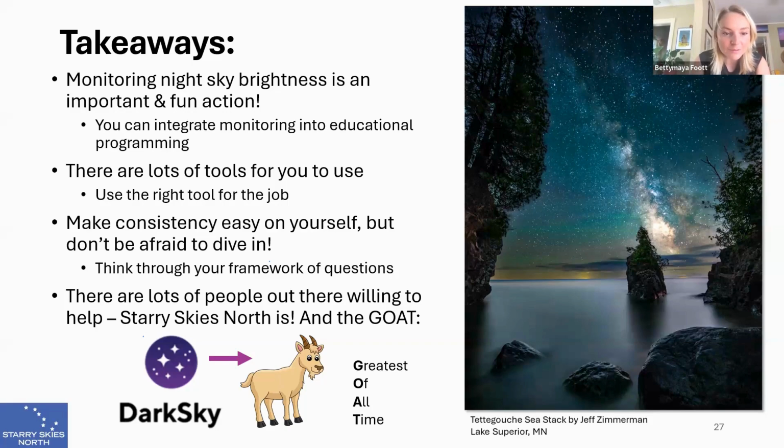Let's see, what was the first one here? Stephen asks, how sensitive are SQMs to blue light? That's a good question. They're not as sensitive as we need them to be right now because we're seeing more and more blue light.